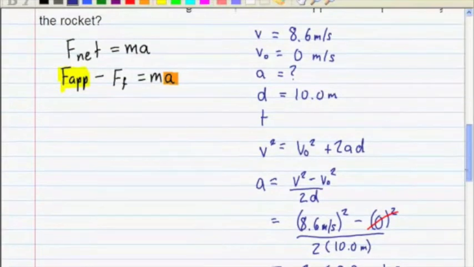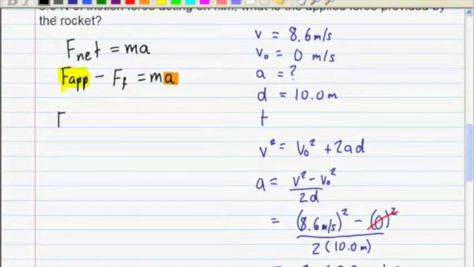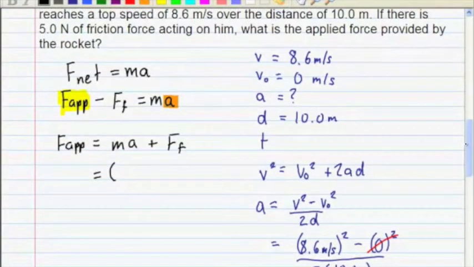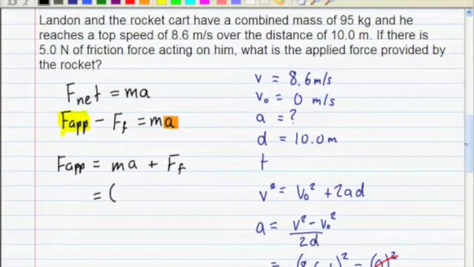I'm just going to jump back to my starting formula here. Remember, we're solving for applied force. So I'm just going to rewrite this here as applied force is going to equal mass times acceleration plus force of friction. And again, substituting in our known variables, we know that the mass of Landon and the rocket cart, just to check back up here, is 95 kilograms.